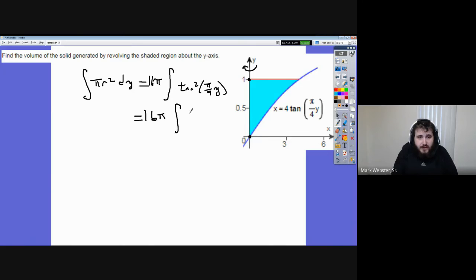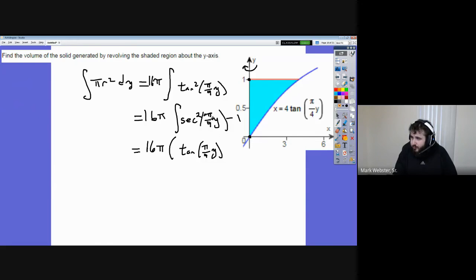So instead of integrating tangent squared, I'm going to integrate secant squared of pi over 4 y minus 1. So when I integrate secant squared, I get tangent, right? Remember we learned that. And when I integrate 1, I get x or y or whatever. So what I'm left with is 16 pi times tangent of this pi over 4 y.